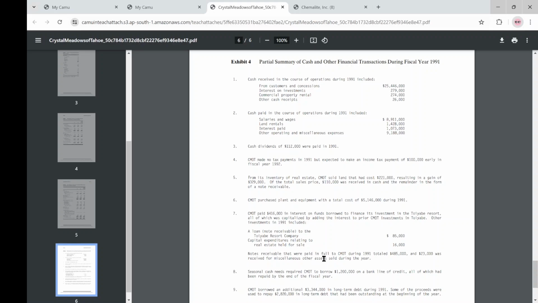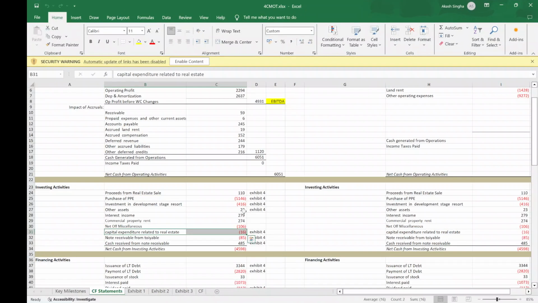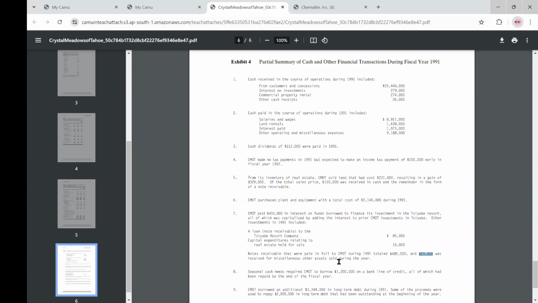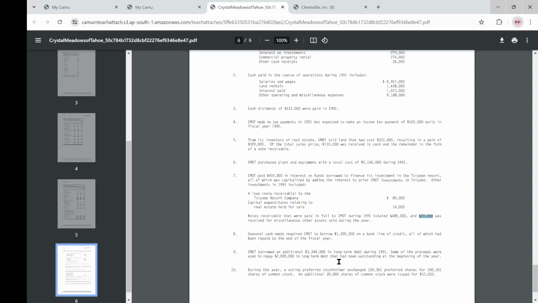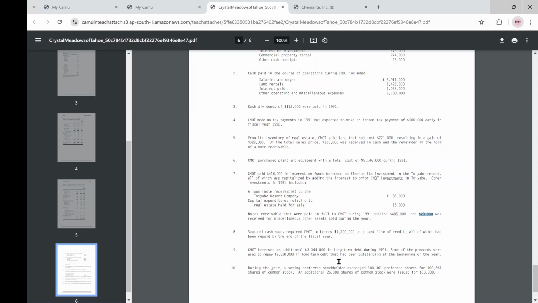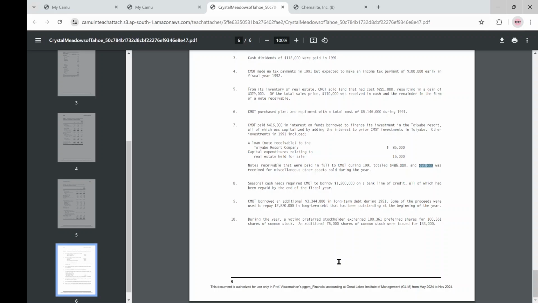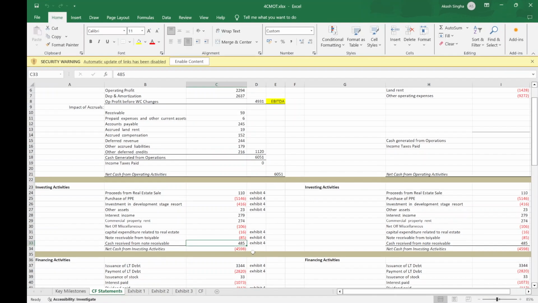Then in notes receivable, we have said that from the notes receivable we received 485 and 23 receivable for miscellaneous other assets. So that 23 and 485 will be added here, right? Then the others are financing. So these are added, and now here you have to add the other income also, which is in Exhibit 2.